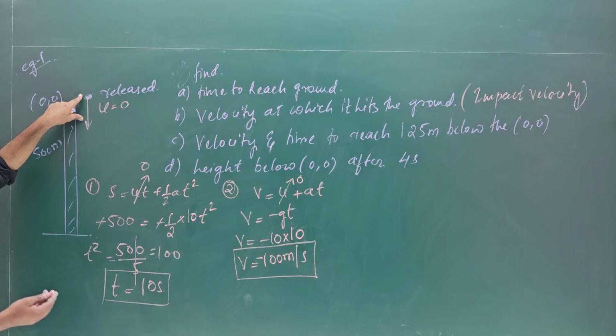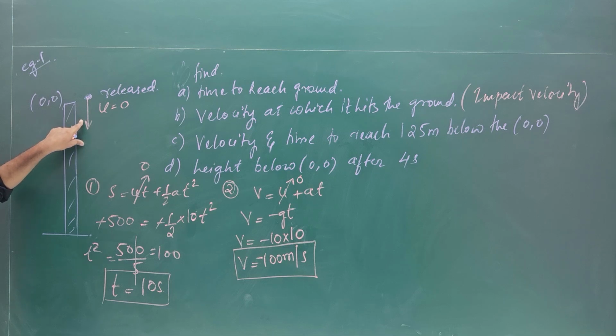Initial velocity is 0, acceleration is 10. Then what is the velocity in 1 second? 10. Then in 2 seconds, 20, and so on. In 10 seconds it hits the ground, right? That means, obviously without even calculating, I can say 100 meters per second.